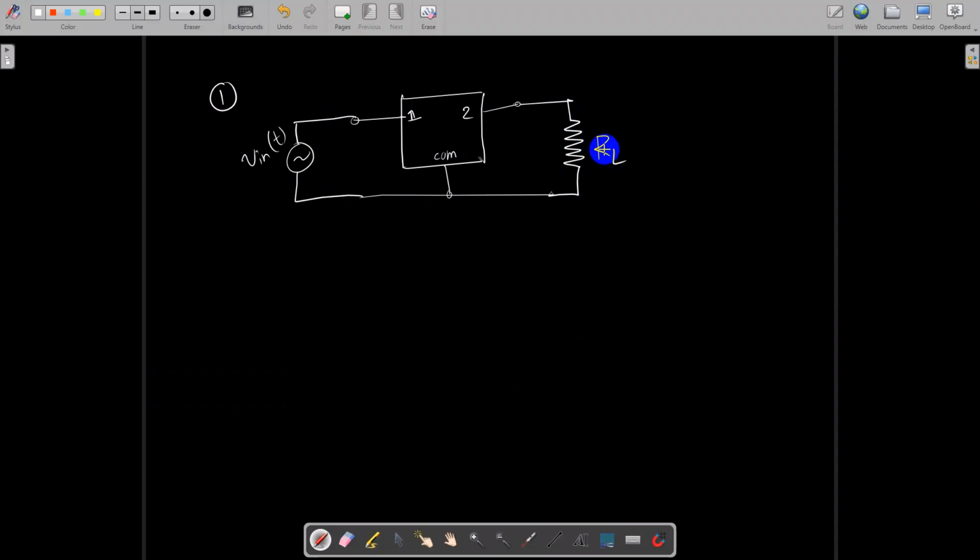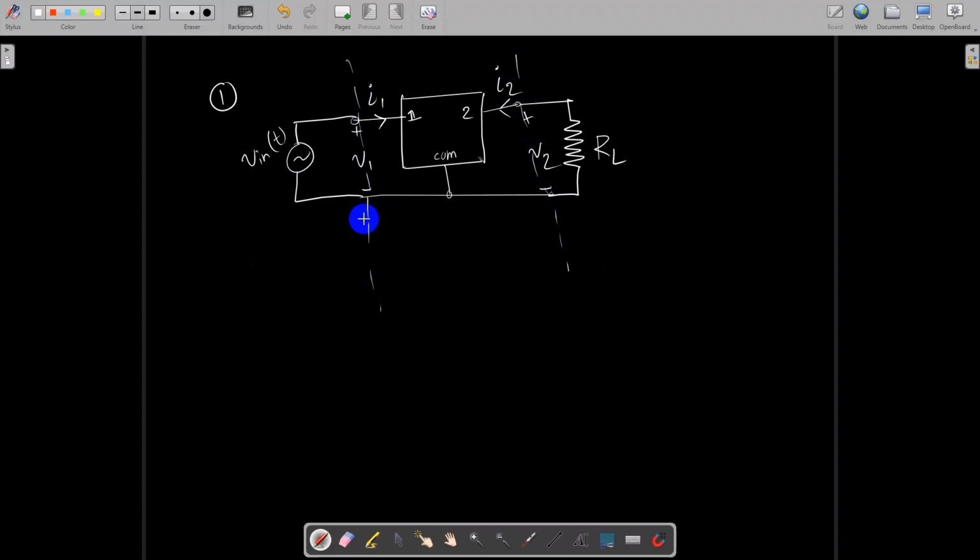Okay, nice. Now this is port voltage V1. This is port voltage V2. This is port current I1, and this is port current I2. Nice. Now, what is the input power? Let's draw a line to separate the port and the element.